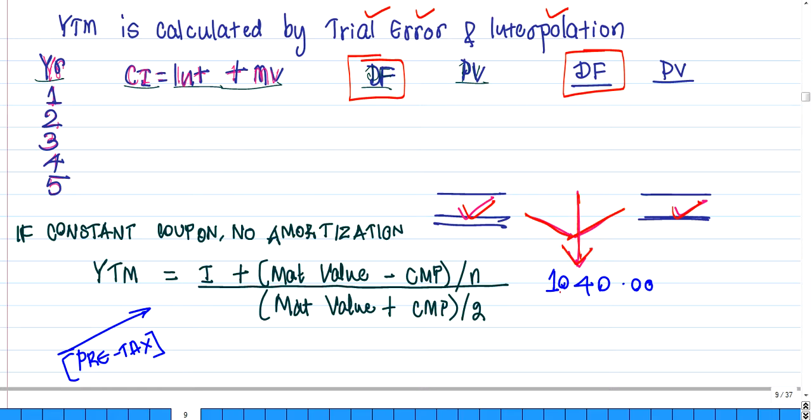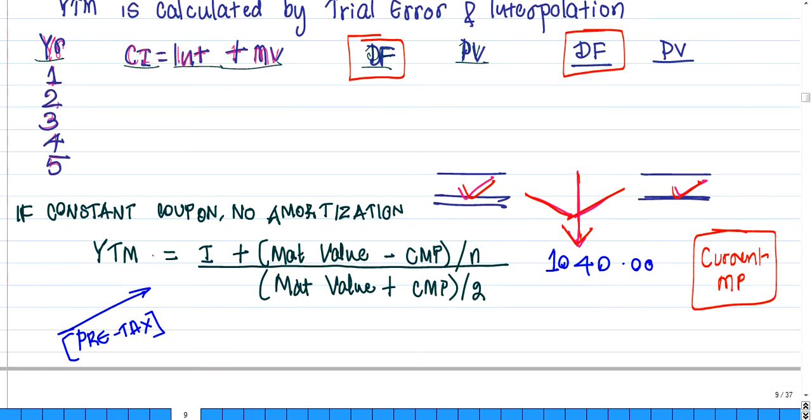Let's say you got 1040. You may have the current market price, you will match with that and you will get the r. Okay, if constant coupon, no amortization, YTM is equal to this, and this is again pre-tax.